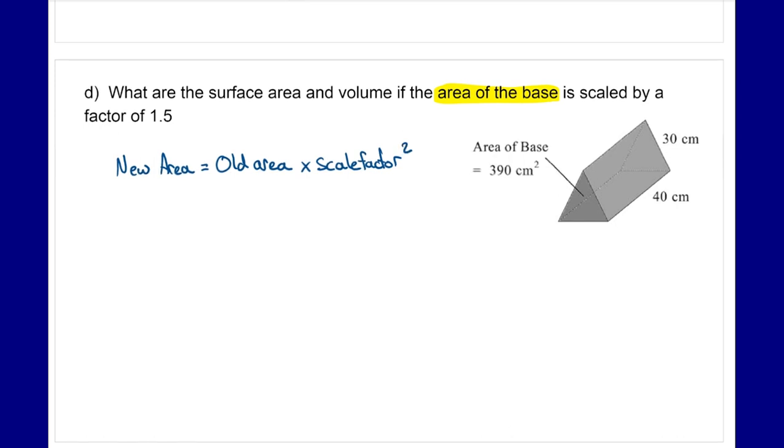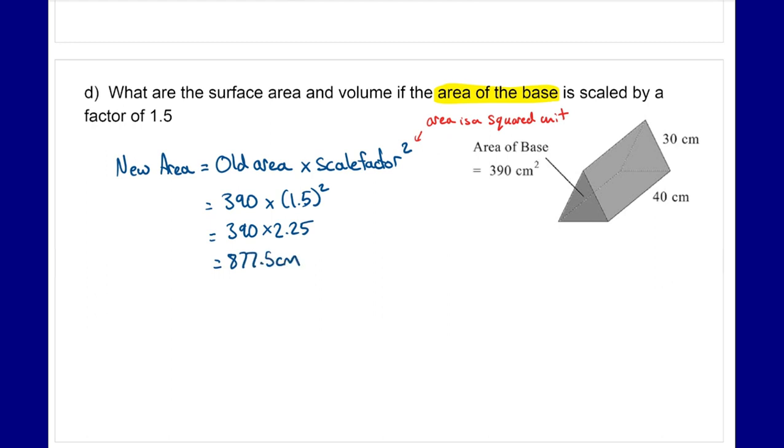The reason is that area itself is a squared unit, that's why it's to the power of 2. So our old area is 390 multiplied by our scale factor of 1.5 squared, or 390 times 2.25 equals 877.5 centimeters squared.